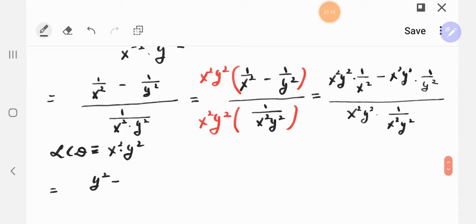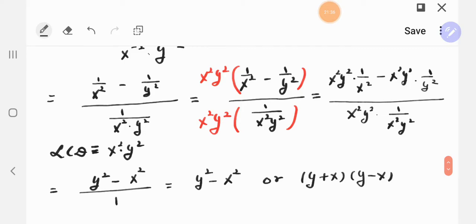The second term, we can cancel out y squared, so we have only x squared. The bottom, x squared y squared cancel out, just 1. So what we have is y squared minus x squared, that's it. Or this is difference of squares, so you can write it as y plus x, y minus x. Okay, done.